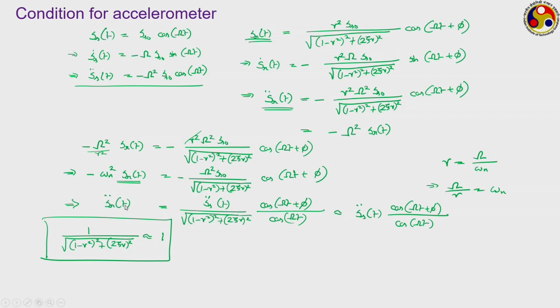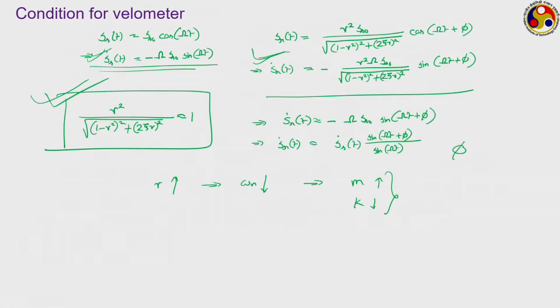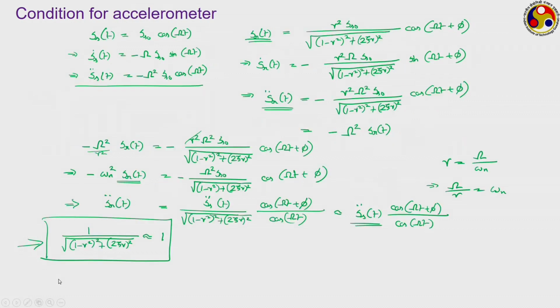Resultant acceleration is going to follow the imposed acceleration with a phase lag phi, of course, if we have this particular condition satisfied. Remember the form that we had in the previous slide. There we had an r square in the numerator for a vibrometer or velometer. Here the denominator is the same, but there is no r square in the numerator. So, this is the condition for that same spring mass damper assembly to act as an accelerometer.